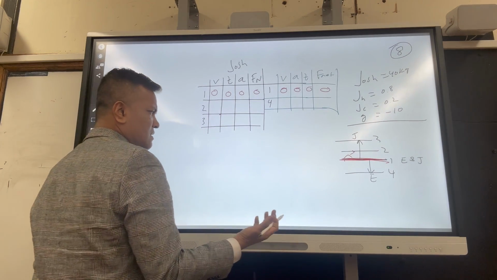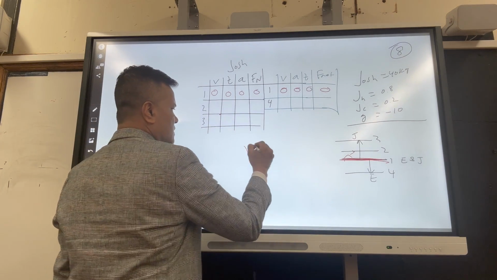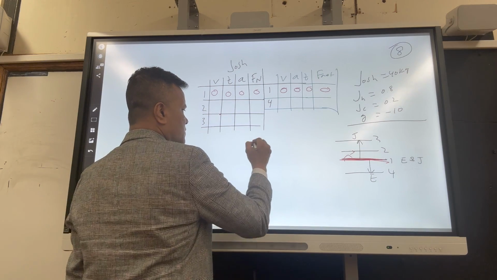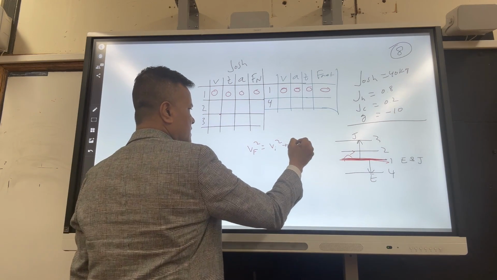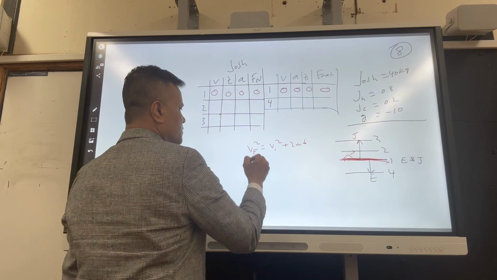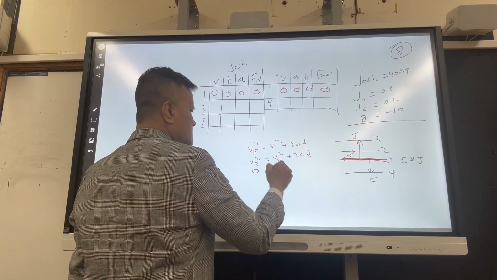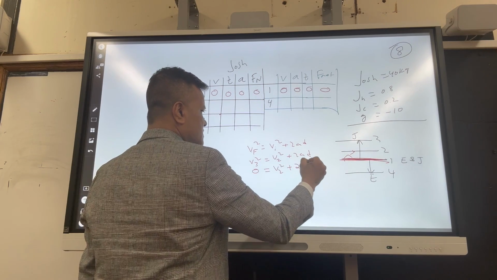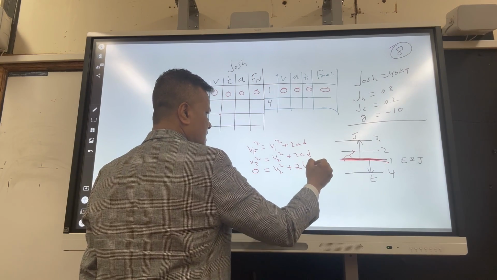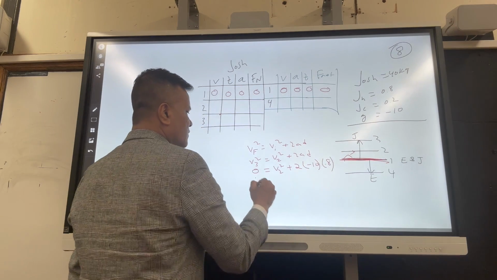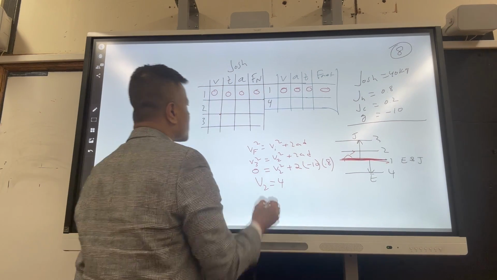Vf squared is equal to Vi squared plus 2ad. Now V3 squared is equal to V2 squared plus 2ad. This is 0 and this is V2 squared. You try to find it. This is acceleration due to gravity, which is negative 10, and this is 0.8. So velocity at location 2 is 4. So you're going to write 4.